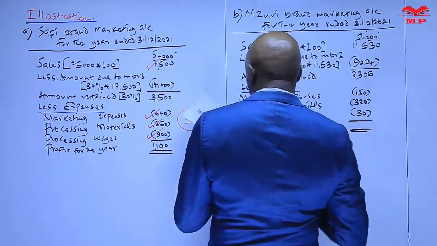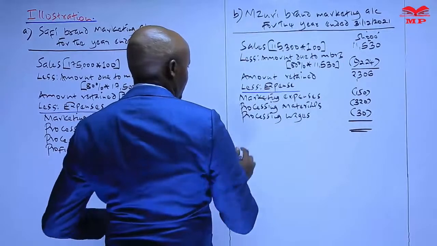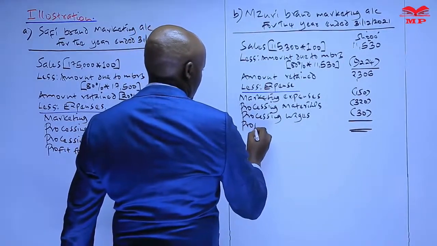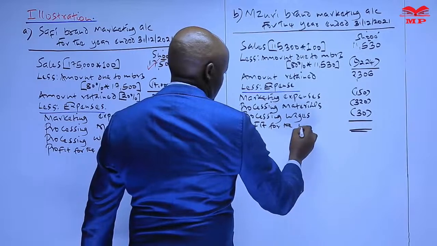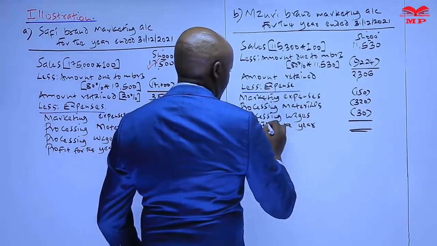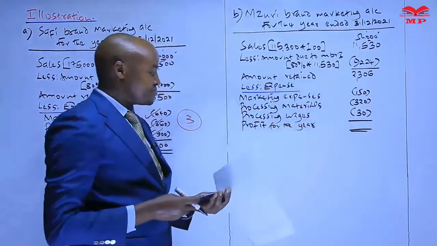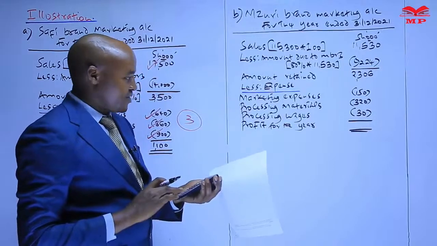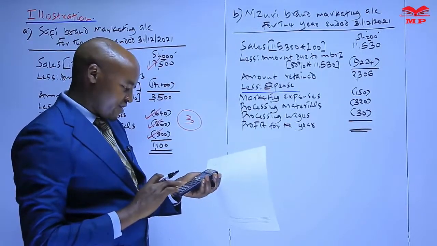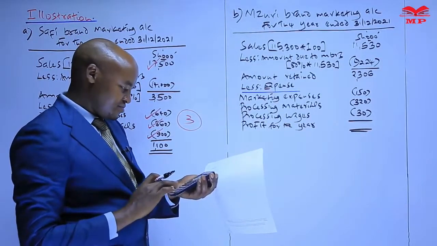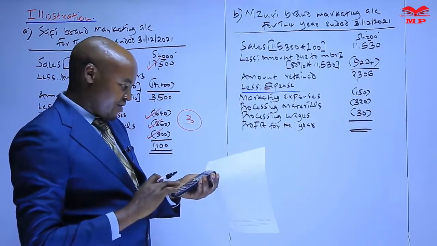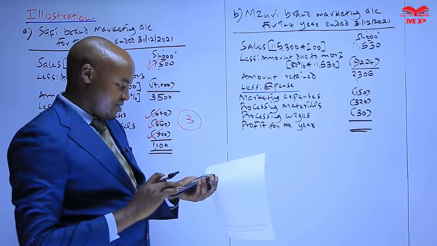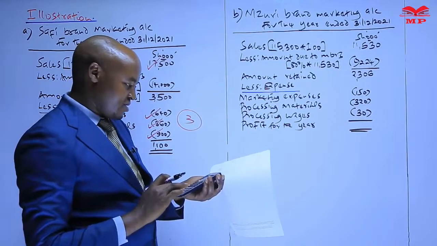Yes. And then from there, what we do, we get the profit for the year from this coffee brand. So what do we have here? We have an amount of 2306 minus 150 minus 320 minus 30.